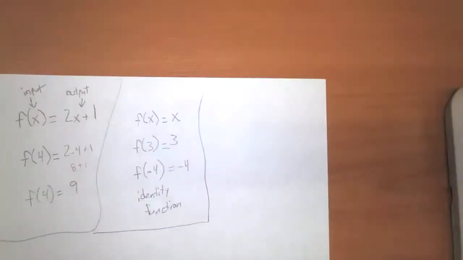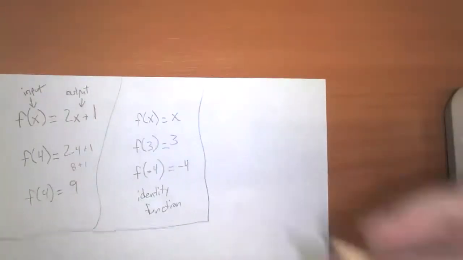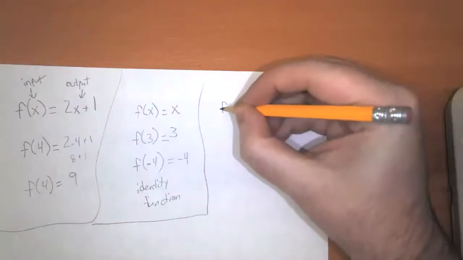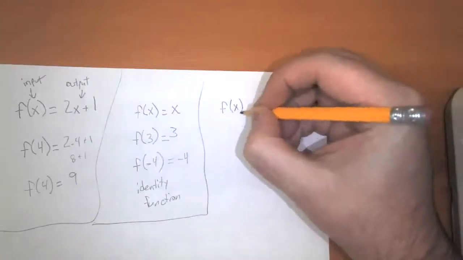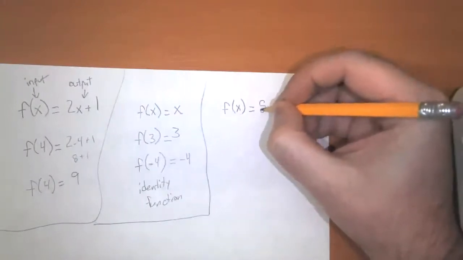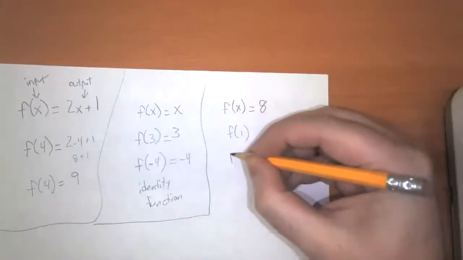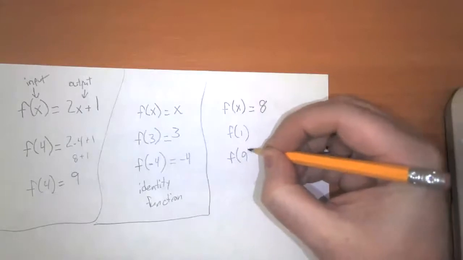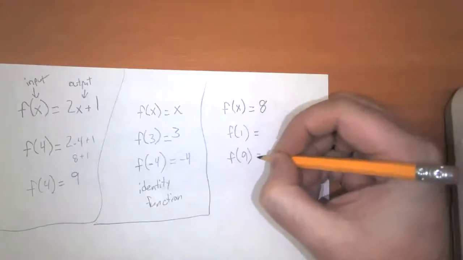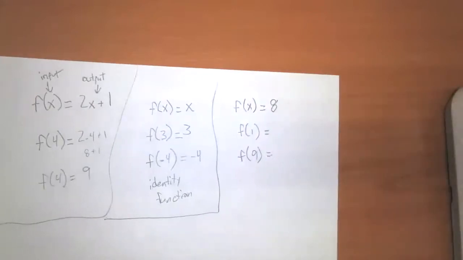All right, now let me give you one example that sometimes throws students for a loop. What do you think the output of these functions are? Well, we're kind of going to do the same thing.